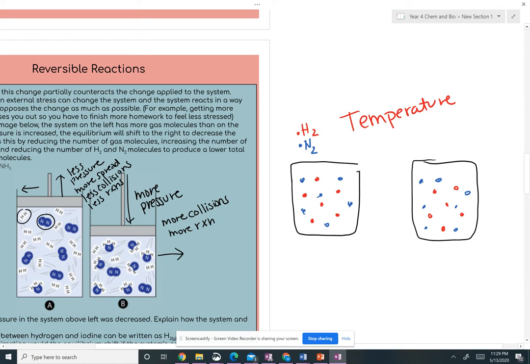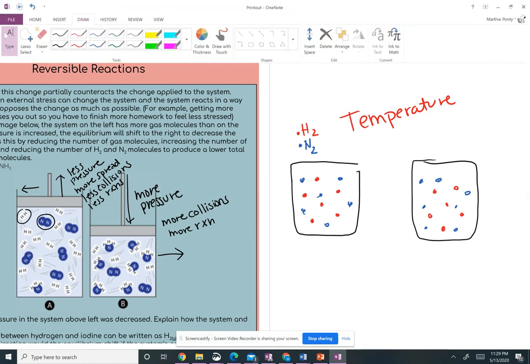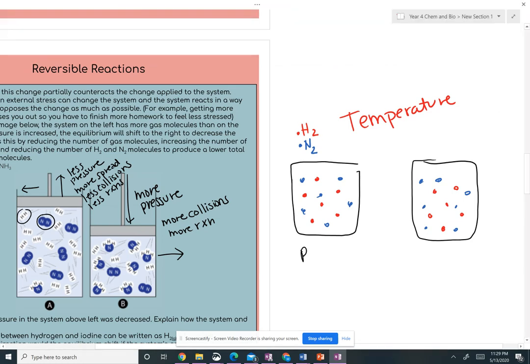If I have them at room temperature, these molecules are moving, and some of them might bounce off the walls and some of them might collide into each other.